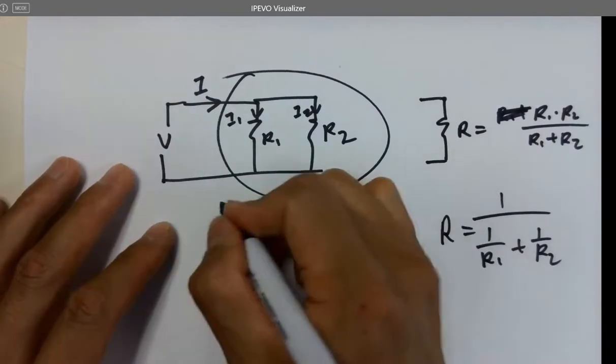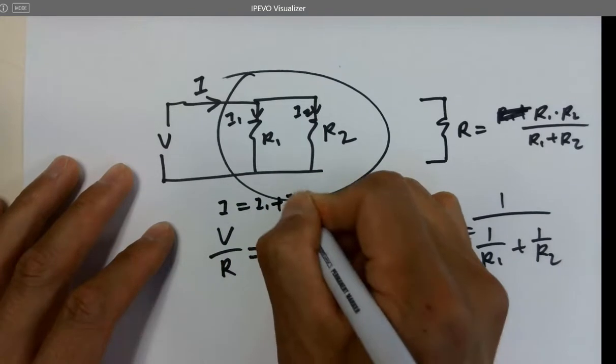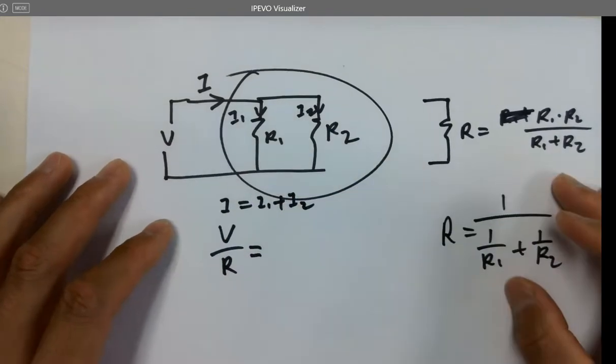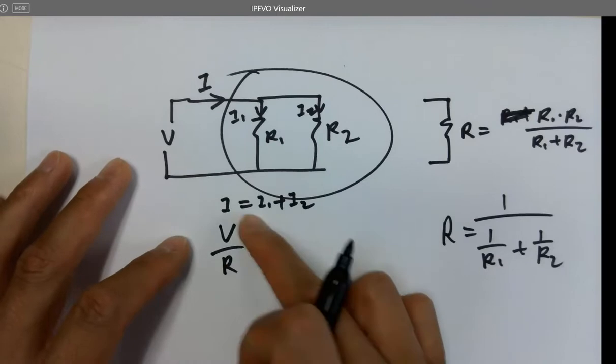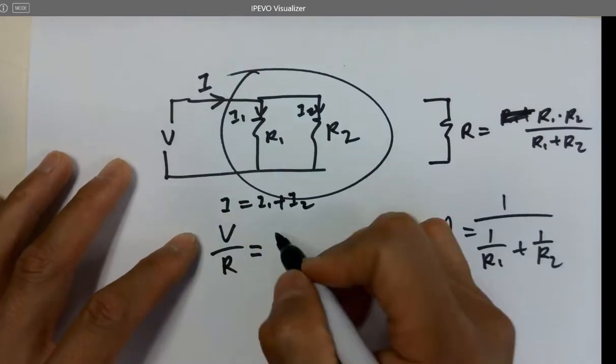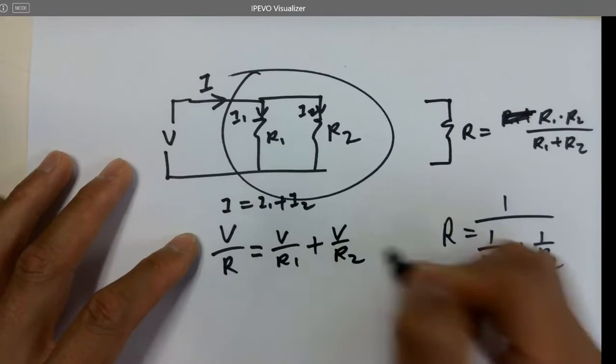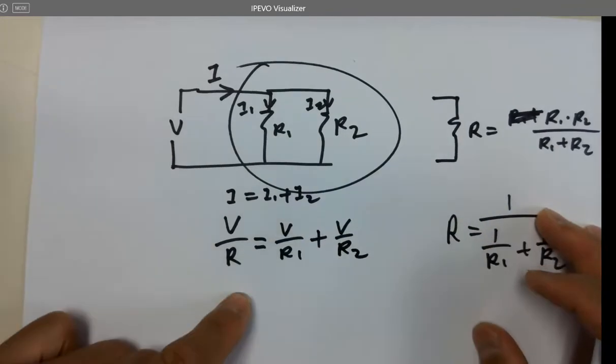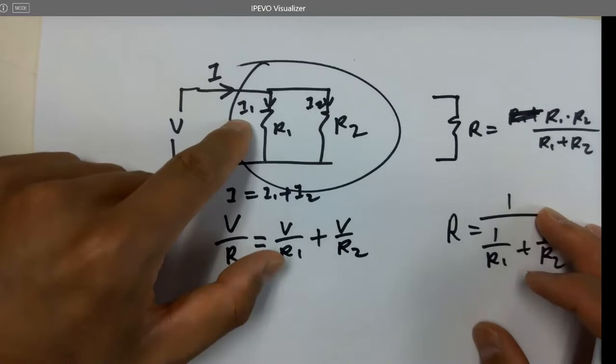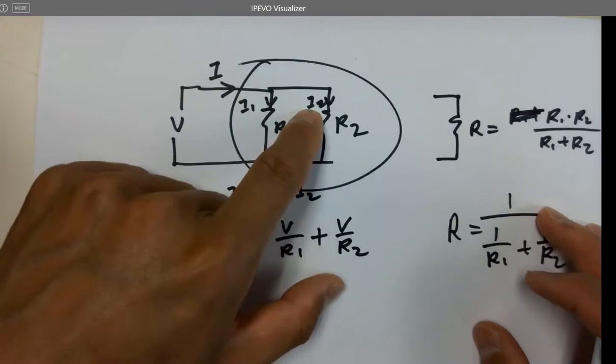So I just said I equals I1 plus I2. That's why V over R, which is the overall I, equals V over R1 plus V over R2. Why is it still V? V over R1 is I1. V over R2 is I2.